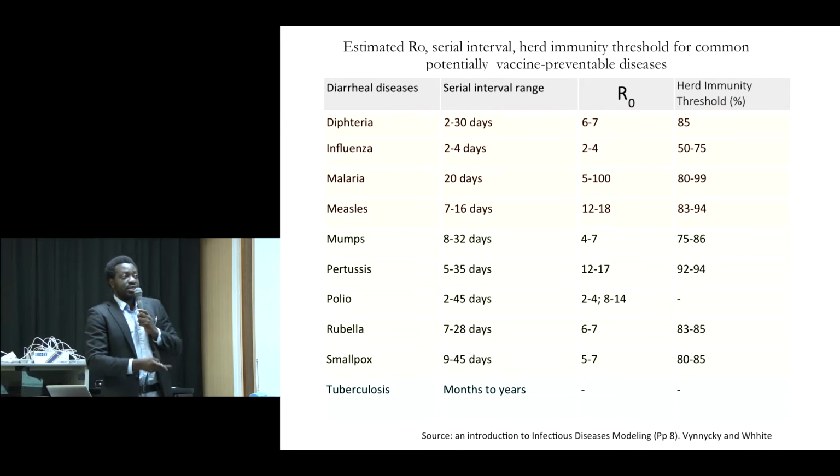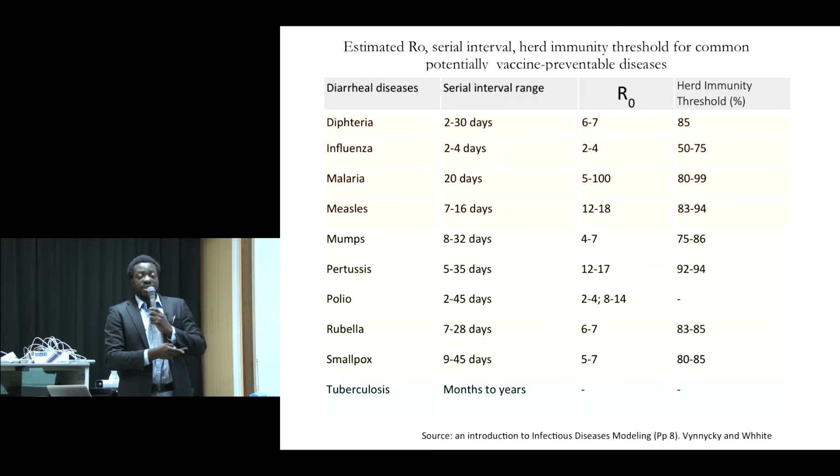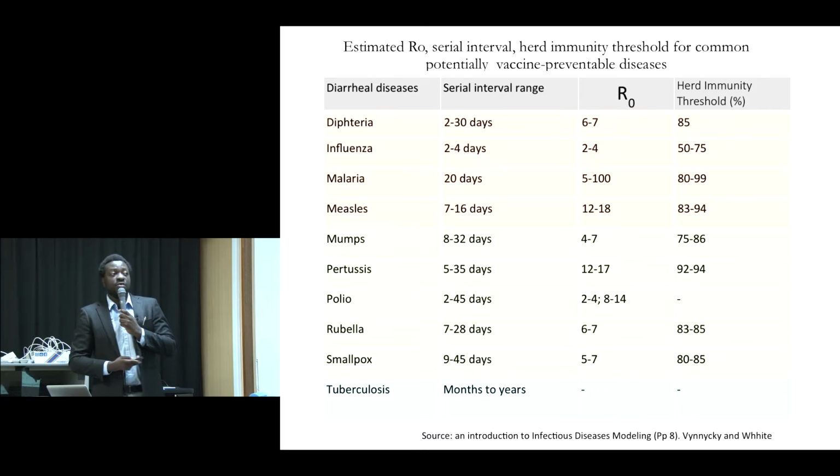And as you can see, different diseases have different estimated R naught. For example, for diphtheria, it's 6 to 7, and it also has a different estimated serial interval. You remember, we've seen it in the beginning of this lecture.